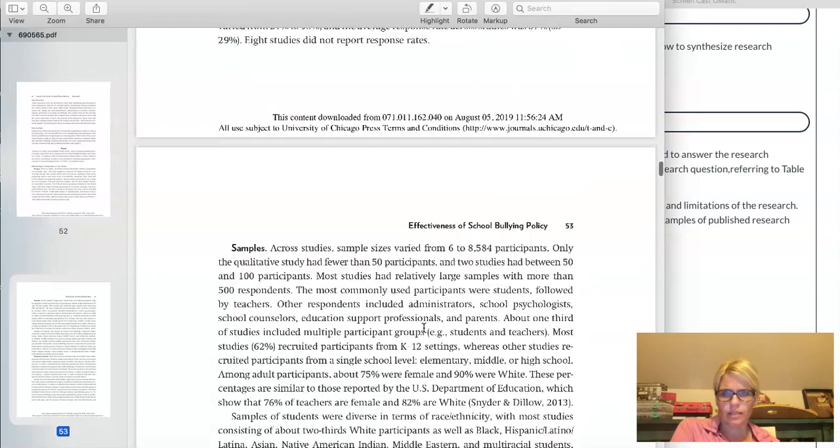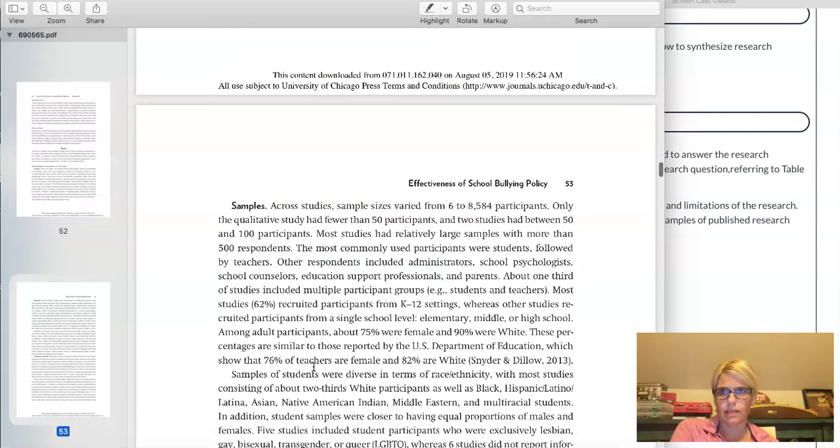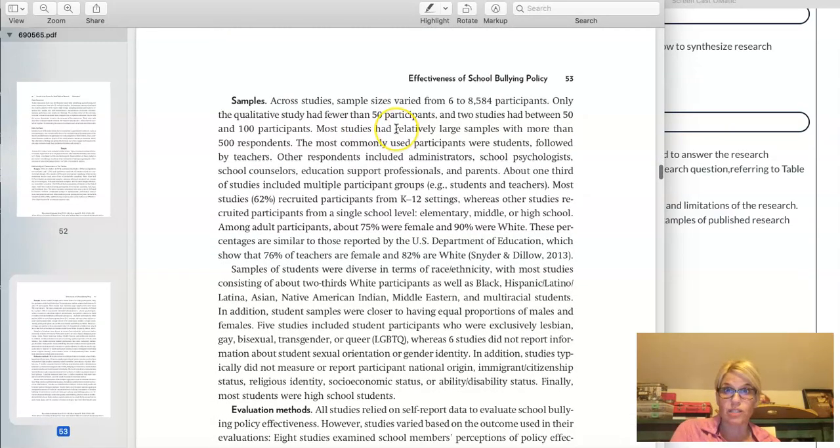Then they go on, so these are different subheadings than we're using. That was just the designs. This is the sample. Across the studies, sample size varied from 6 to 8,000. So again, I personally would like to see sample size varied from 6, put the citation, to 8,000, and put the citation, just so that the reader knows what you're talking about.